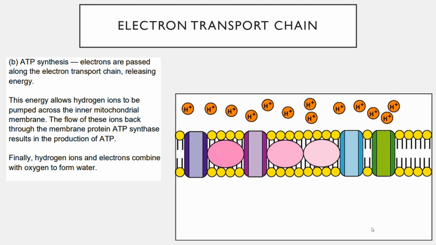The electron transport chain is a series of proteins which pass the electrons of hydrogen amongst each other, and this releases energy in order to pump the hydrogen ions along the series of proteins, all embedded within the inner membrane of the mitochondria.